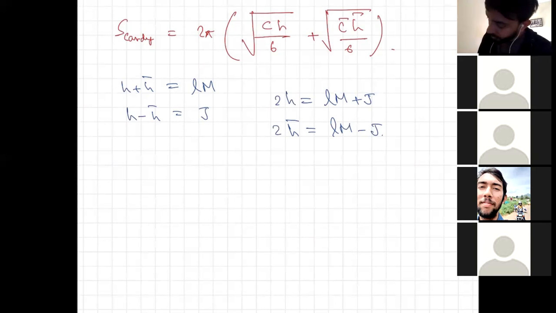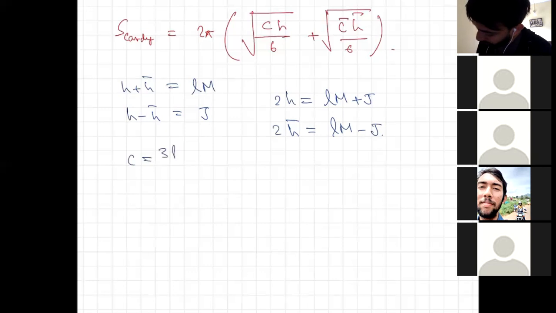Now you plug these in, and what is going to happen? I seem to have messed up a factor of 2 somewhere, but let's see how this goes.